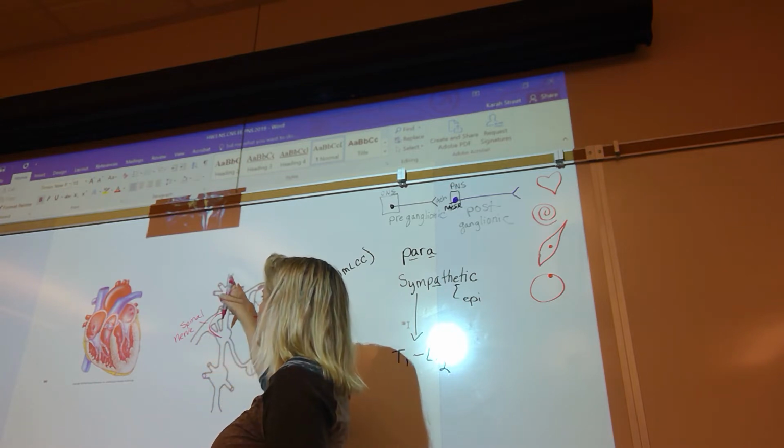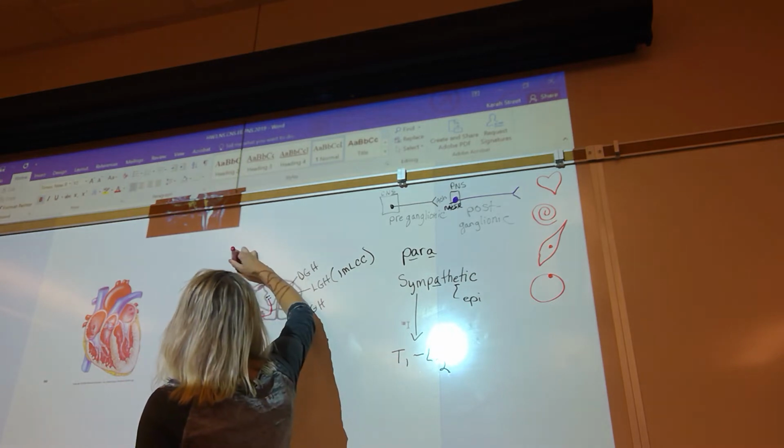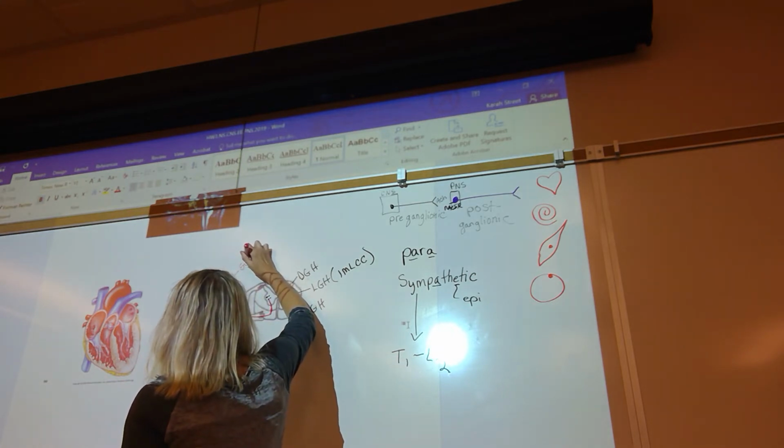and it's going to enter this structure called a sympathetic trunk.